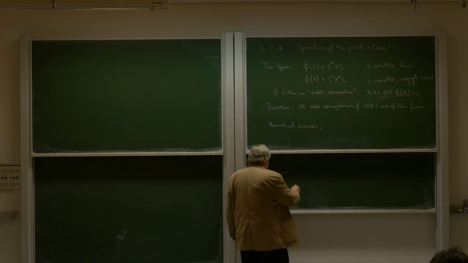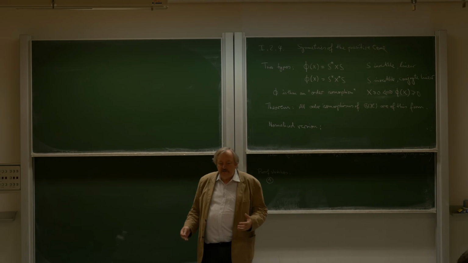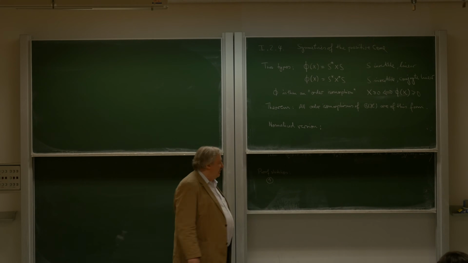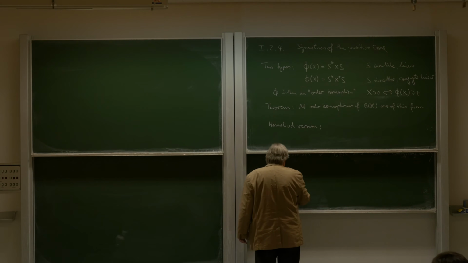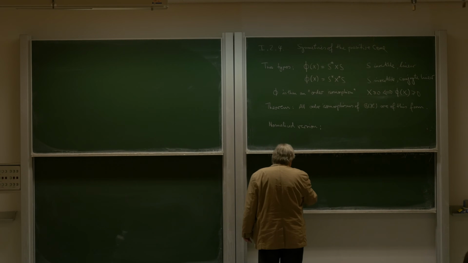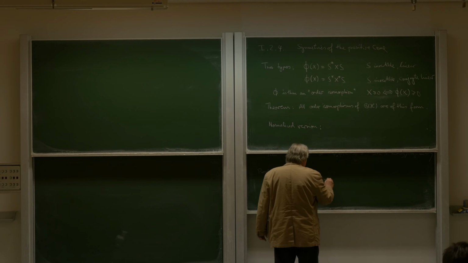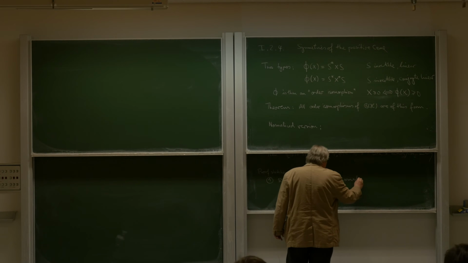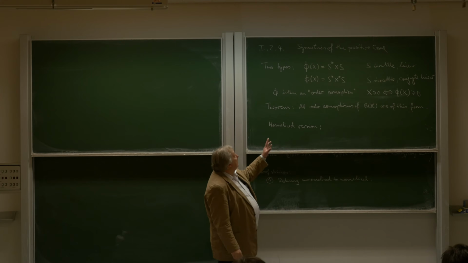Now first, there are two versions here. There is the normalized and the unnormalized version. So how are they connected? Reducing unnormalized to normalized. So that is the first theorem that I wrote.